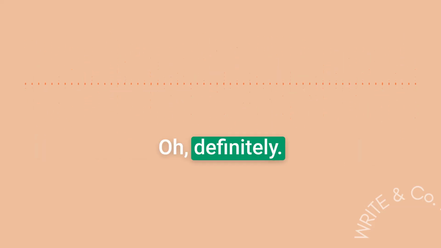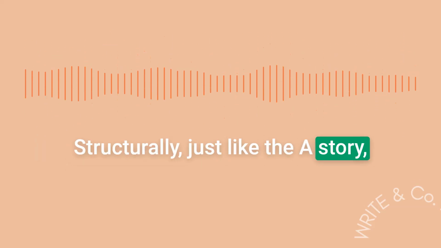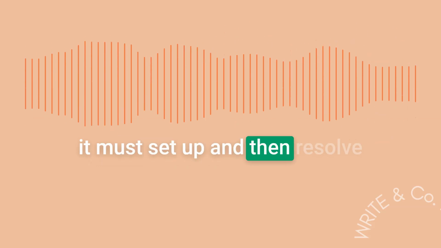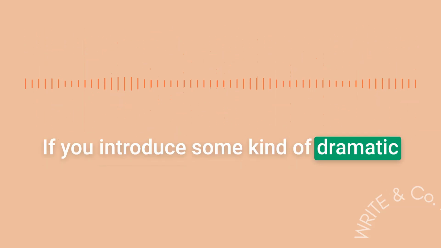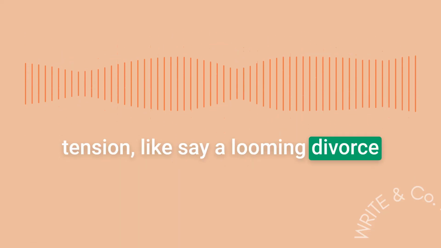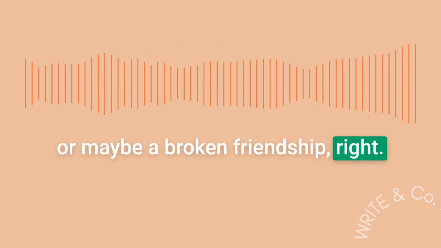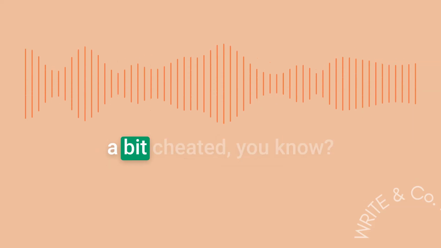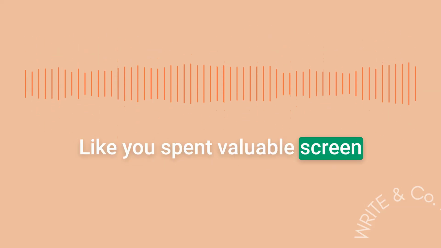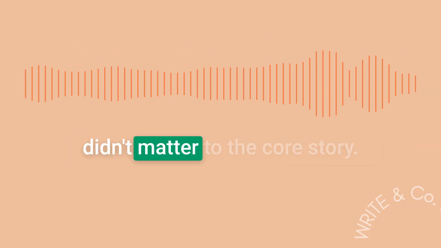Oh, definitely. Just like the A story, it must set up and then resolve its own dramatic question. If you introduce some kind of dramatic tension, like a looming divorce or a broken friendship, and it never resolves, the audience leaves feeling a bit cheated. You spent valuable screen time on something that ultimately didn't matter to the core story.